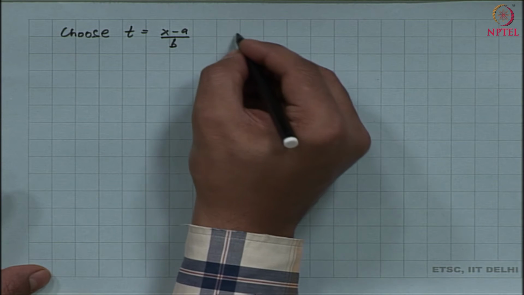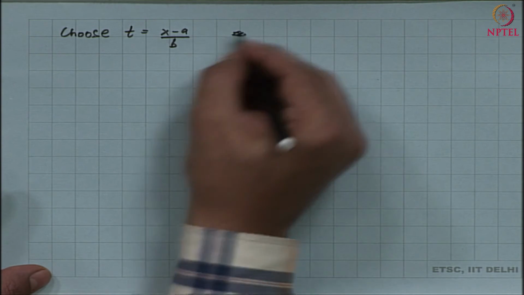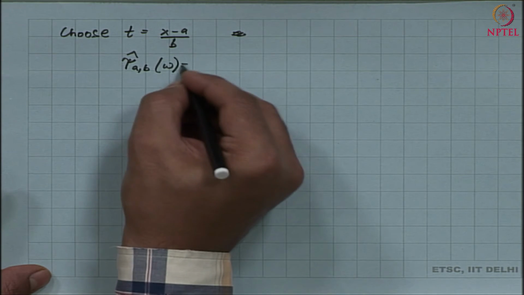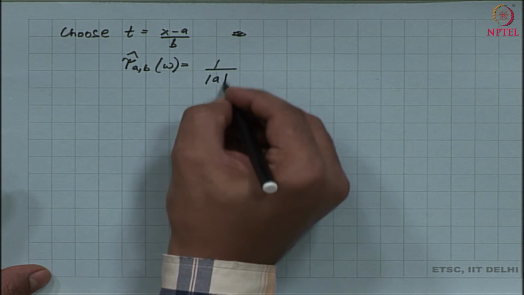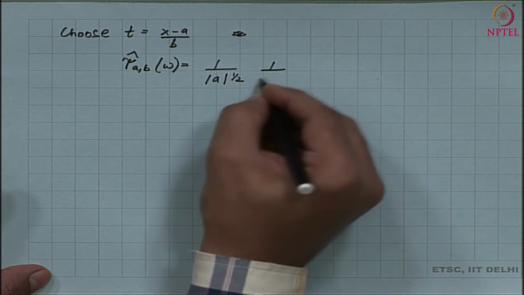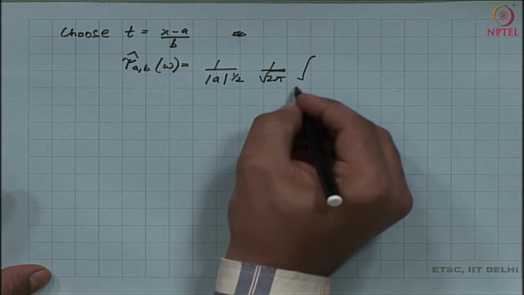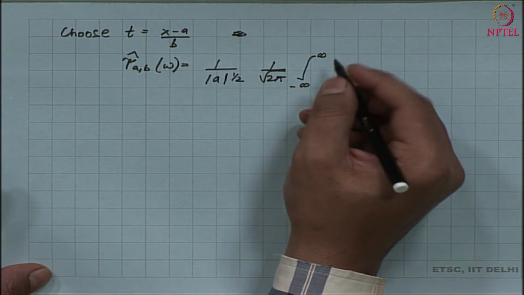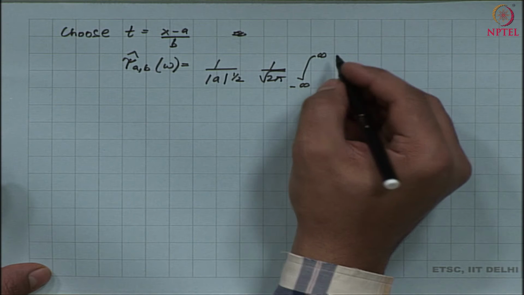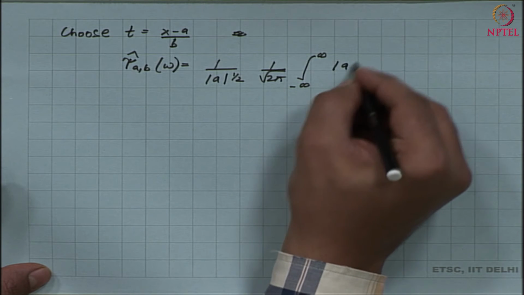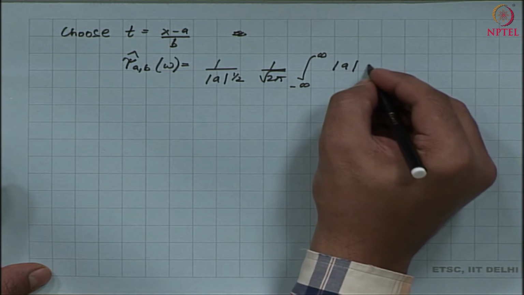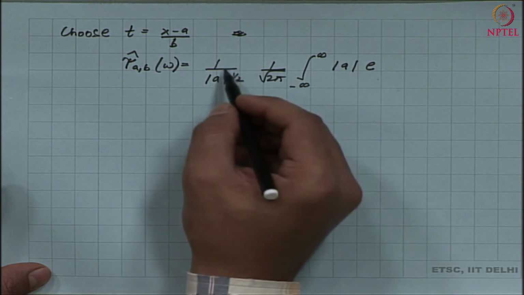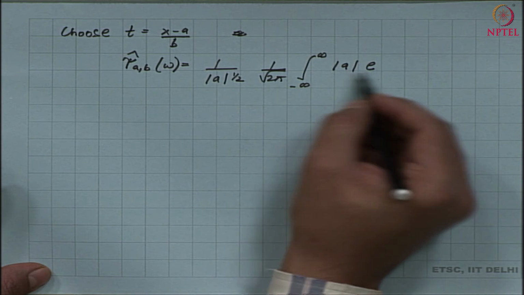I see that psi hat a comma b of omega is 1 by a to the power half times 1 by square root 2 pi integral from negative infinity to infinity. Let me write down the final expression, students can continue.